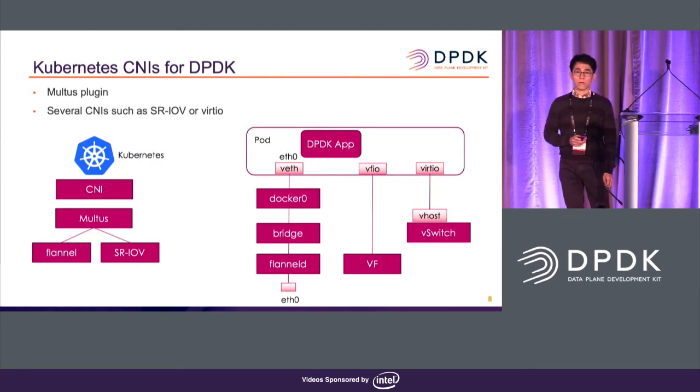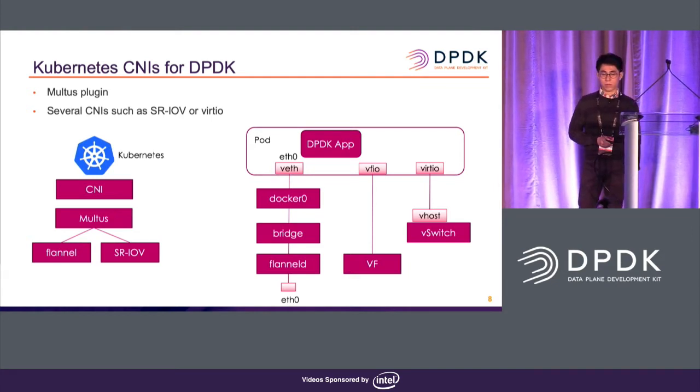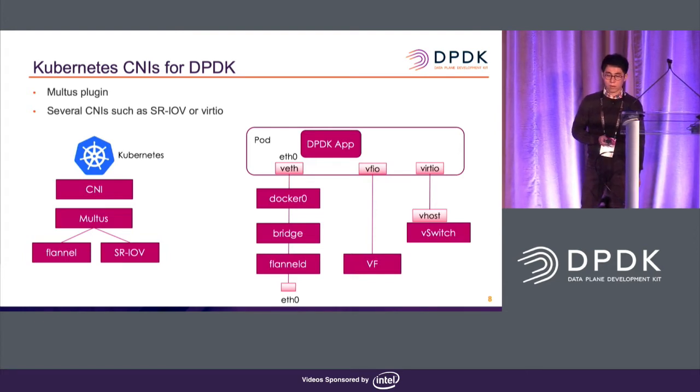And for Kubernetes, we can implement the network application by using Multus plugin and several CNIs such as SR-IOV or Vhost.io. The left-hand side is the architecture of Kubernetes CNI using Multus.